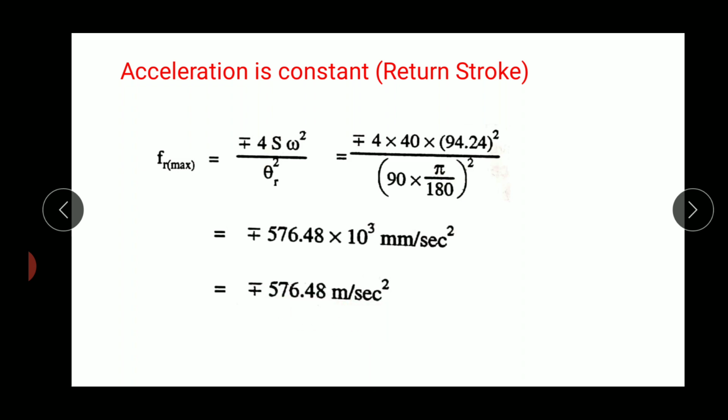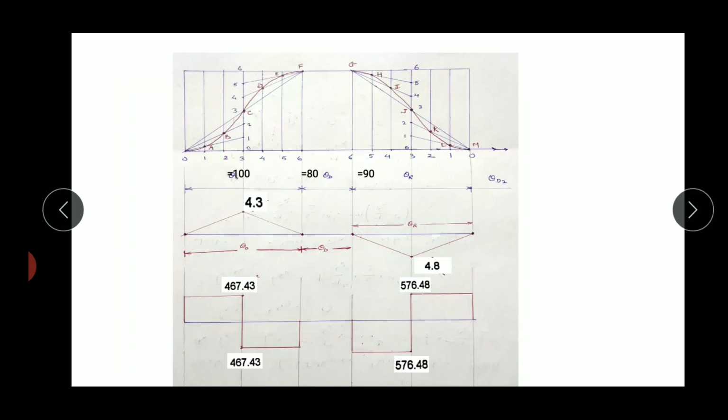So let's plot the acceleration diagram during out stroke and return stroke for the follower moving with uniform acceleration and retardation motion. During the first half, as we had seen earlier, it is positive as the slope in the velocity diagram is positive, so acceleration is positive during the first half.